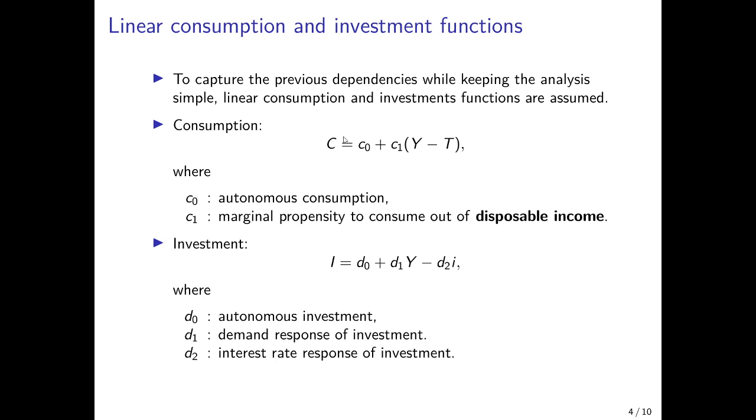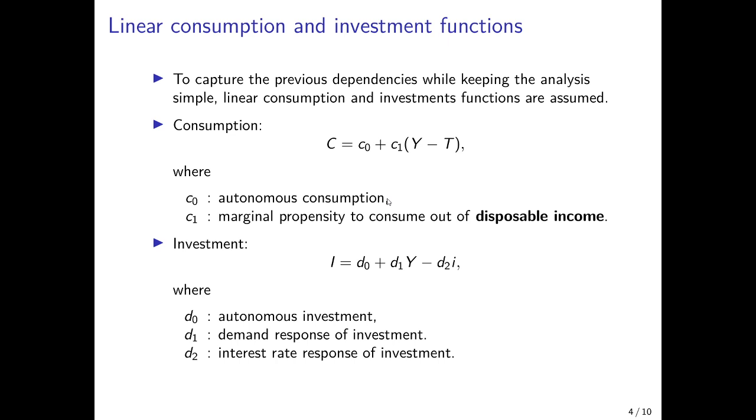A typical consumption function used in the literature is that consumption is given by C0, which is autonomous consumption, the amount people would consume even if they had no disposable income, because you need food, you need a certain amount of shelter and so on.